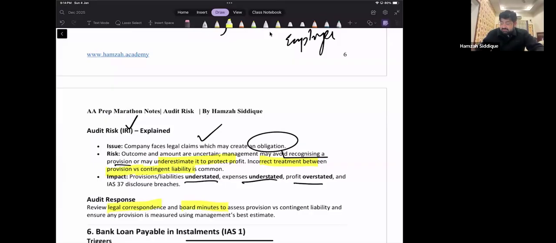Very good source to assess provision or contingent liability and verify it's measured at the appropriate amount. So students, about the valuation, probability of payment, amount, the response should address the risk.